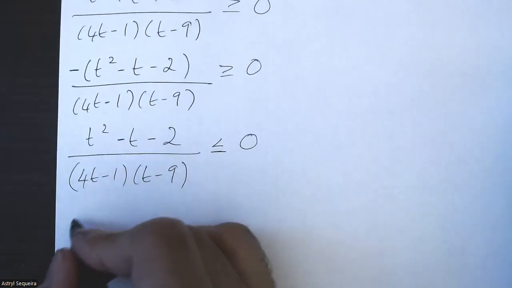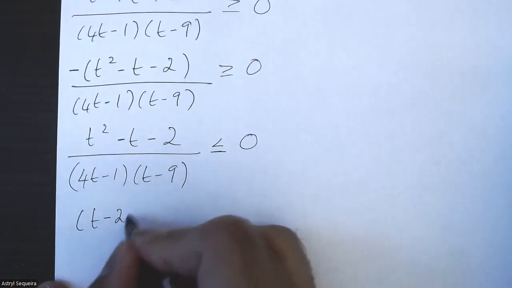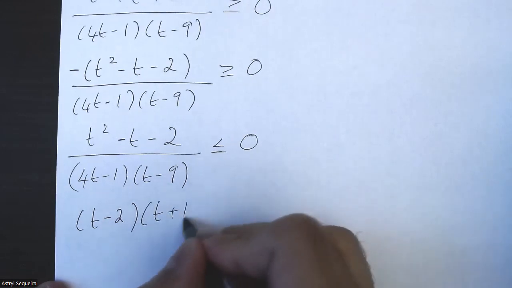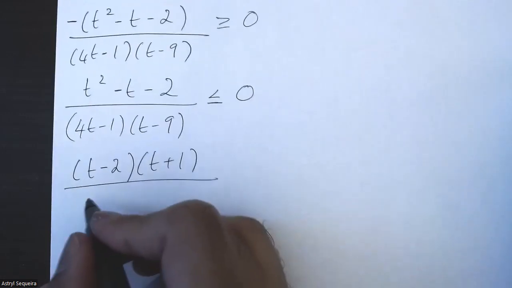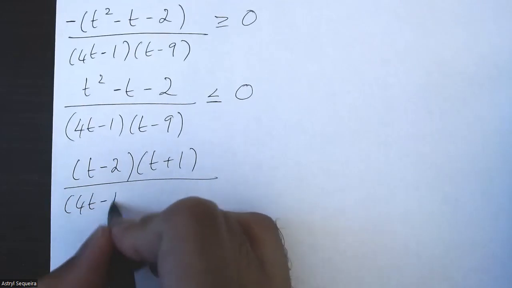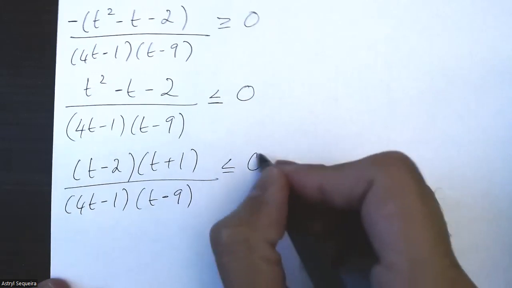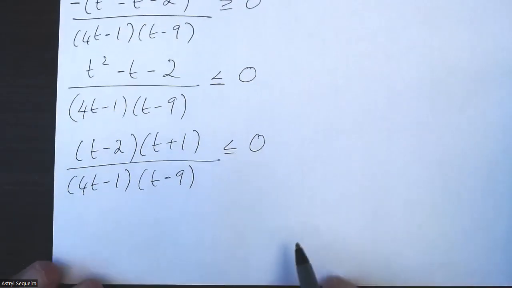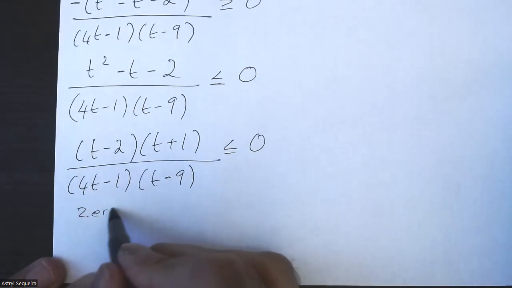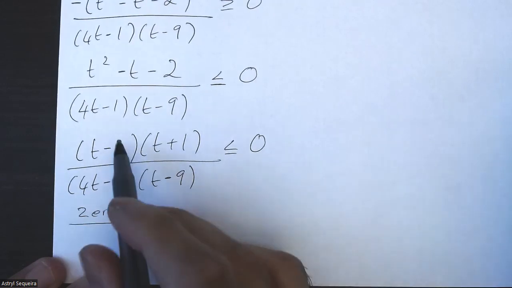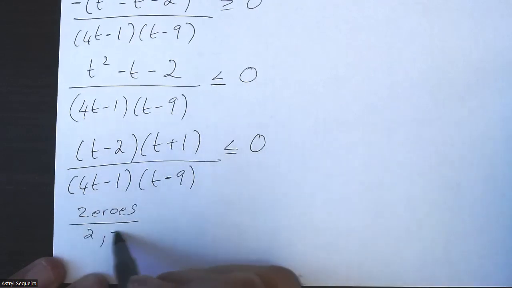Next, I'll factor the top. That's a simple trinomial. So it's just (t minus 2)(t plus 1). This is less than or equal to 0. So I know that my zeros are the solutions of the numerator, which are just positive 2 and negative 1.